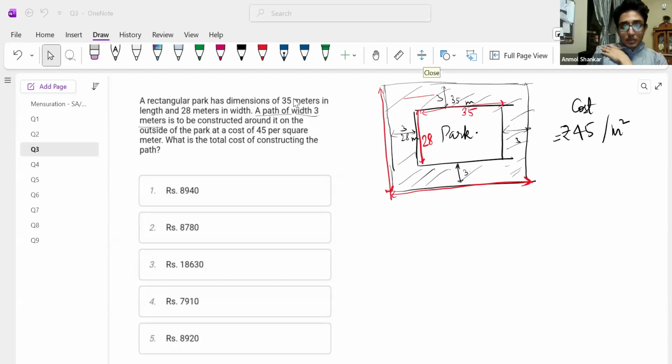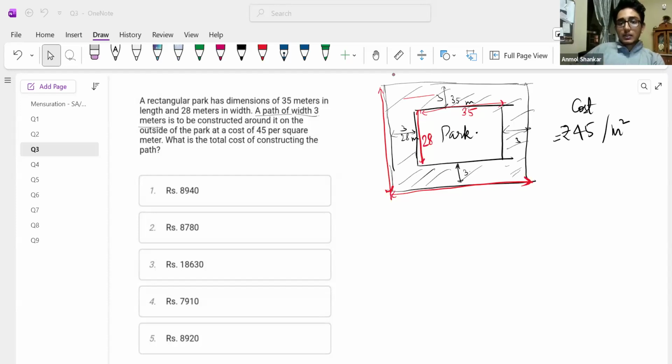Okay, so here the very key point is, on which sides is the 3 meter present? Is it there only on one side? The 3 meter width of the path is there throughout.